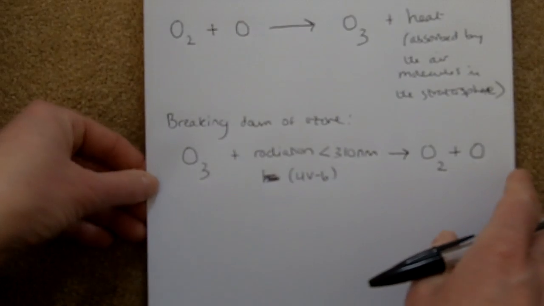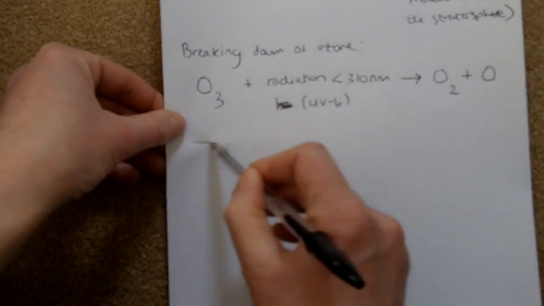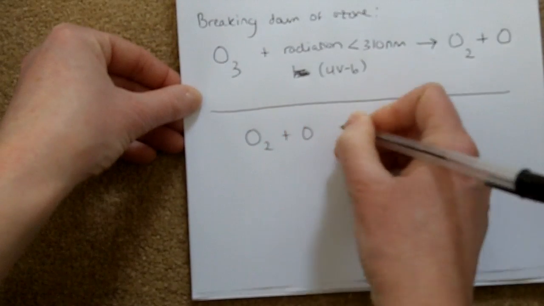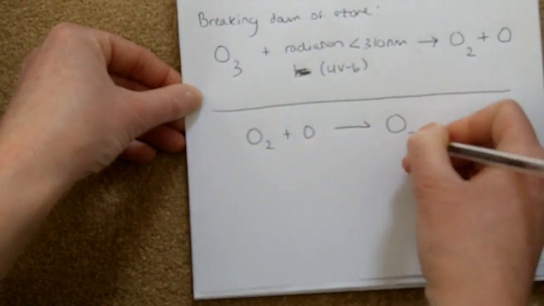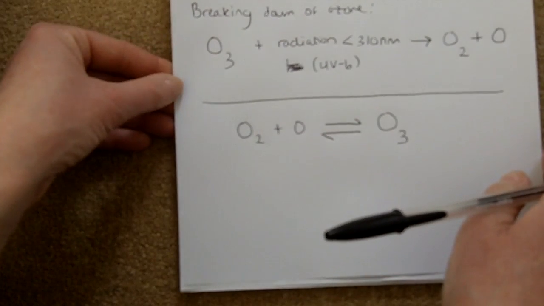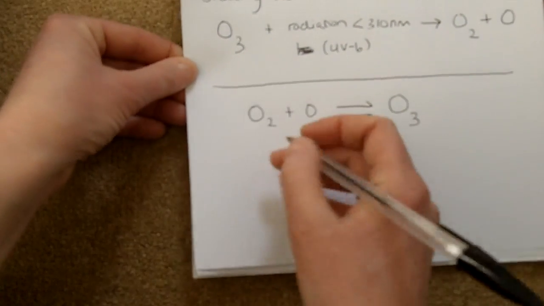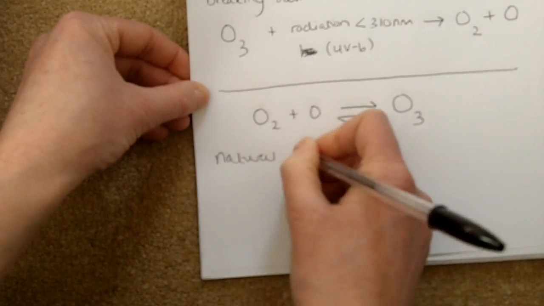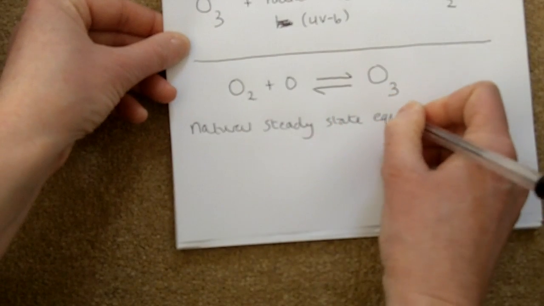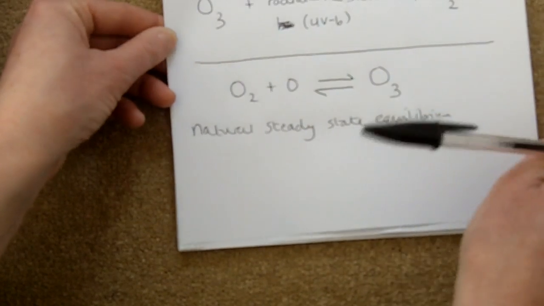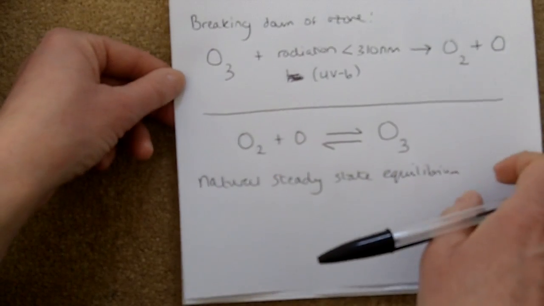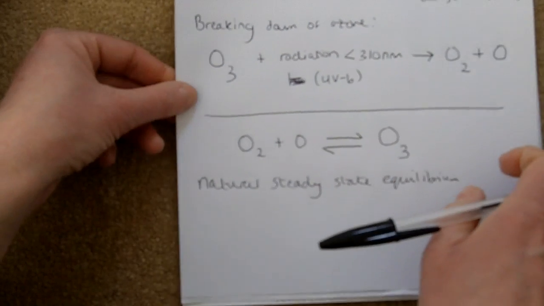So if we look at what's happening here, in the stratosphere the ozone molecules are being made, but at the same time the ozone molecules are being broken up. So there is a natural steady state equilibrium, where the rate of the forward reaction equals the rate of the reverse reaction.